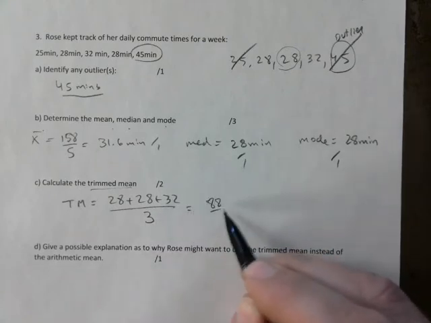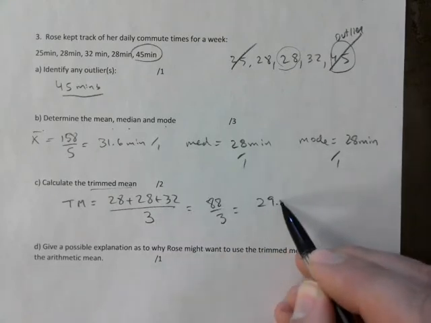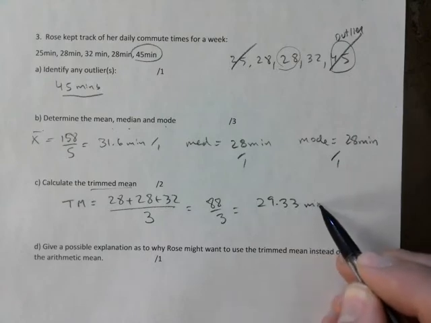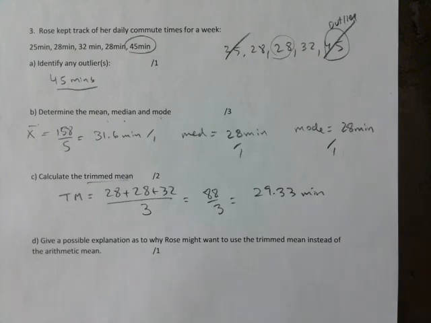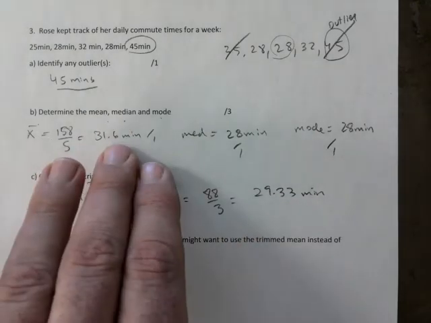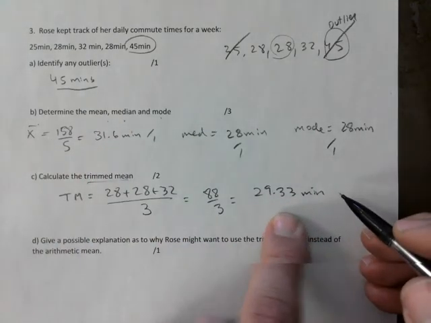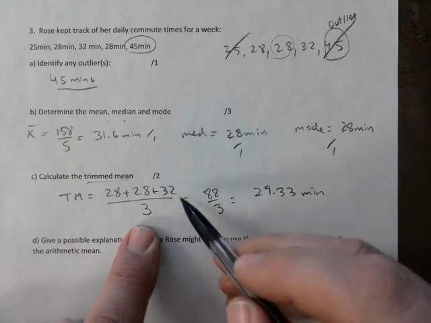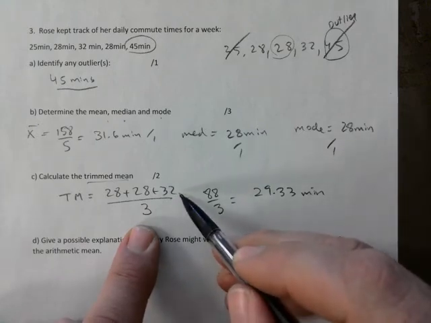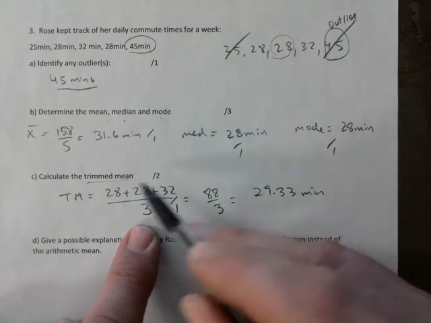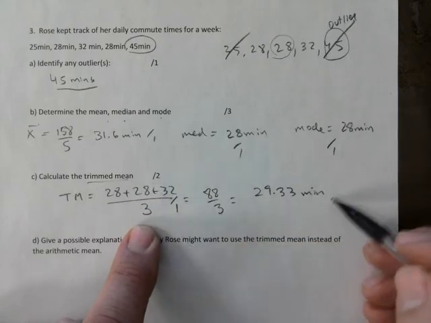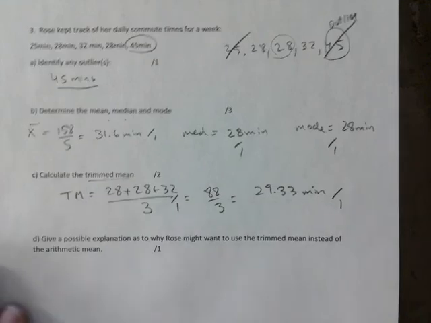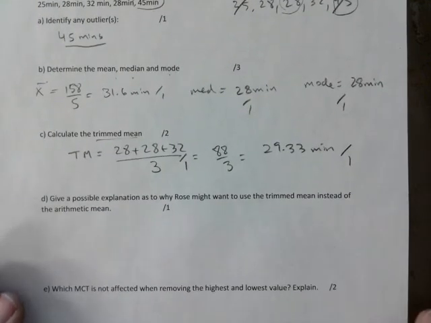That's 88 divided by 3, which is 29.33 minutes. We expected that because the outlier was an upper outlier, so our average dropped. You get 1 mark for showing the step, and another mark for getting the right answer.